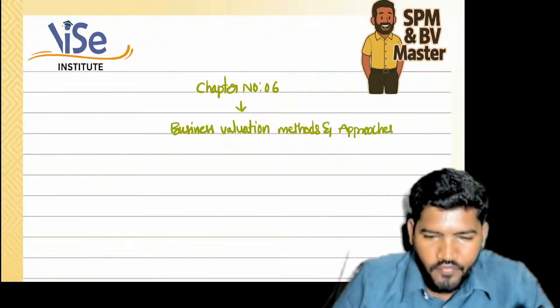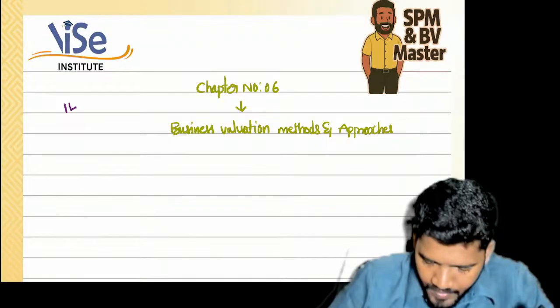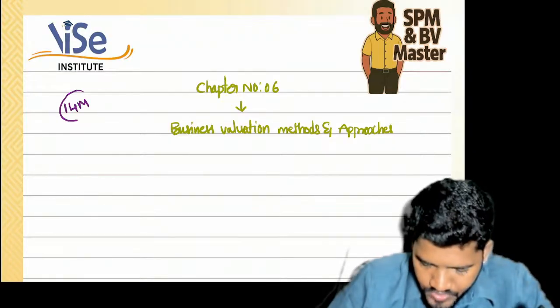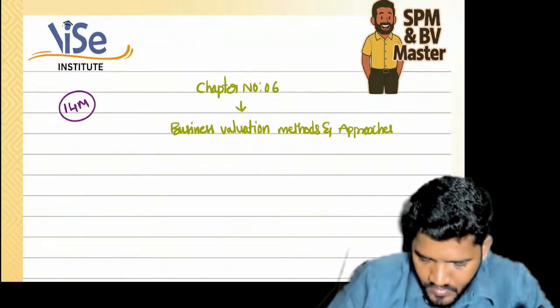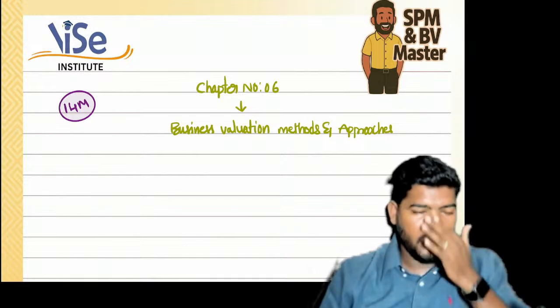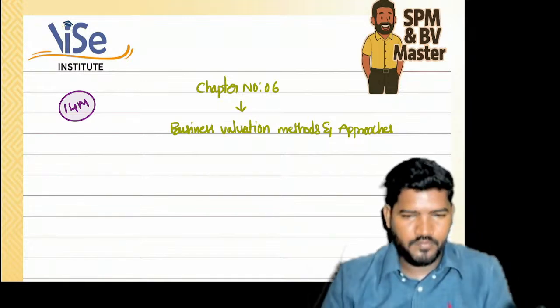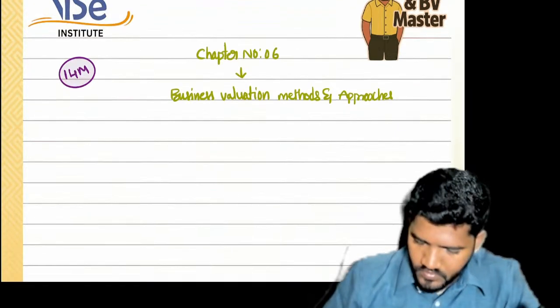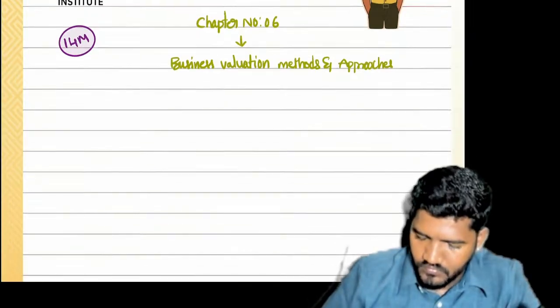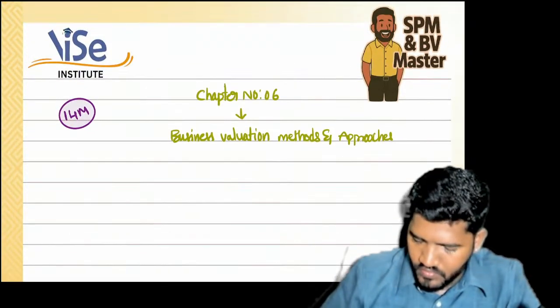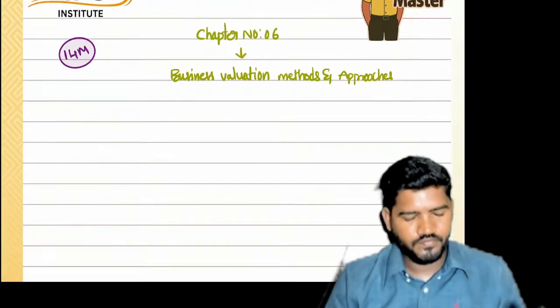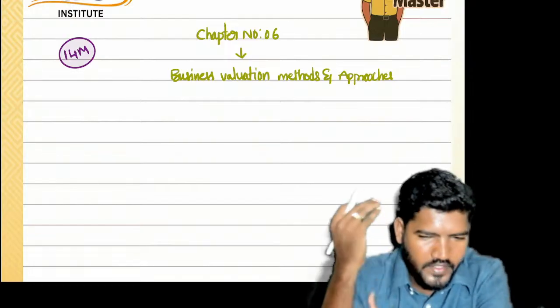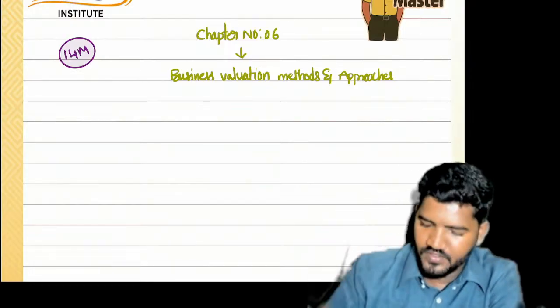From an exam point of view, on average you will get 14 marks from this chapter, 2 7-mark questions mandatorily. So you'll get 2 7-mark questions, 2 problems. For getting these 14 marks, we need to learn many methods here.